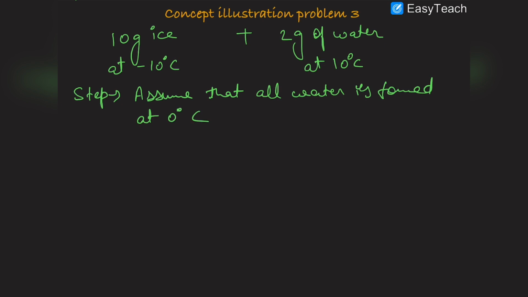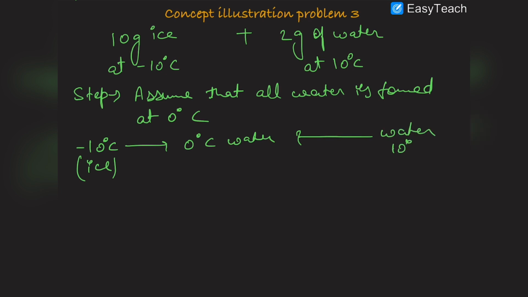So ice will travel from minus 10 degrees Celsius to 0 degrees Celsius water, and water will travel from 10 degrees Celsius to 0 degrees Celsius water. So this is the heat absorbed by the ice, and this is the heat released by the water.